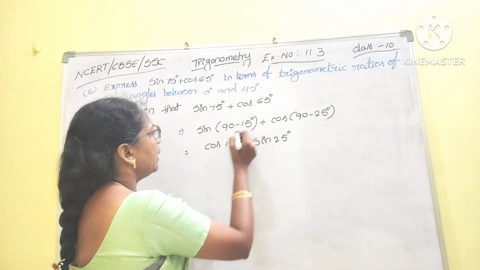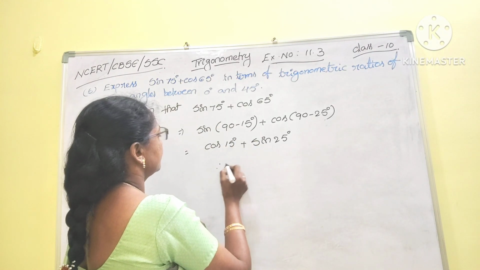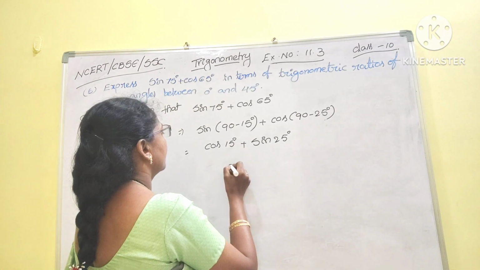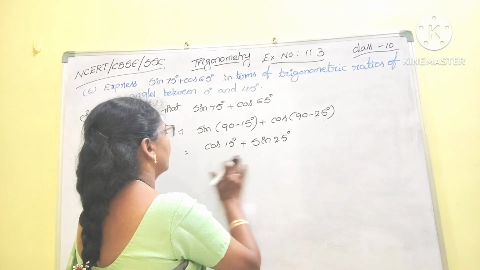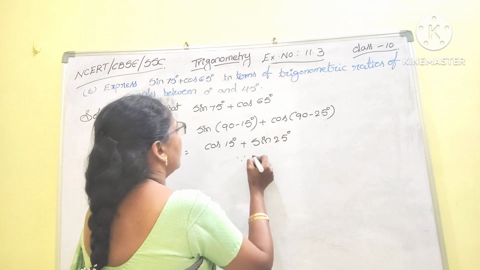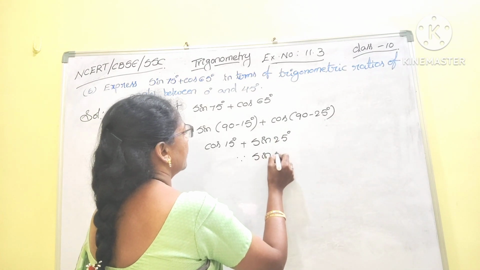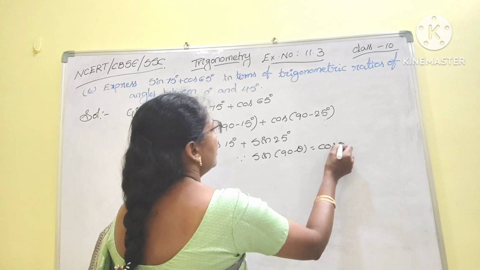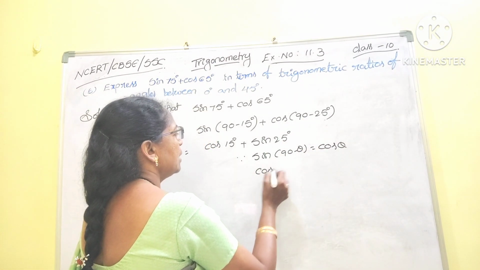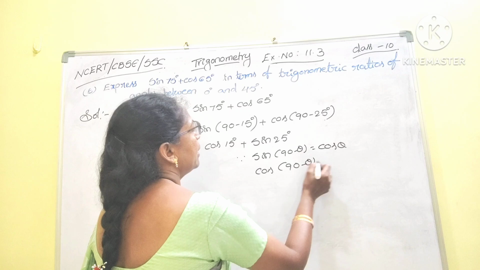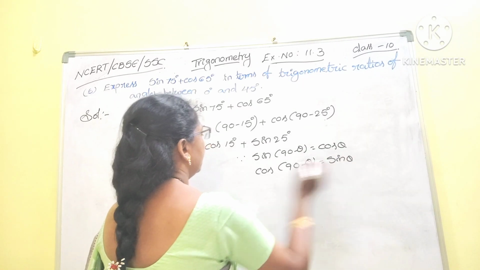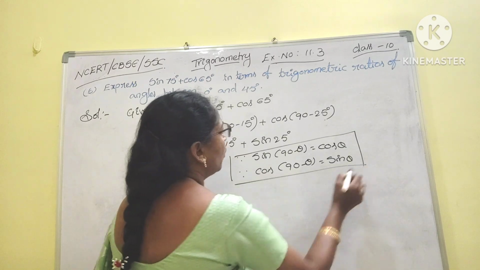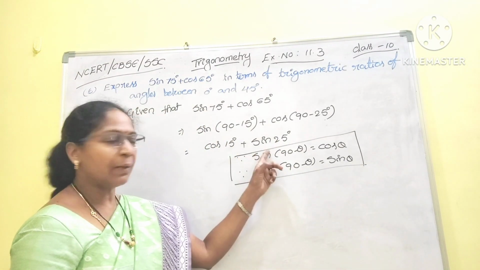Here what we applied is sin (90 minus theta) equals cos theta, as well as cos (90 minus theta) equals sin theta. According to this, I have applied this one.